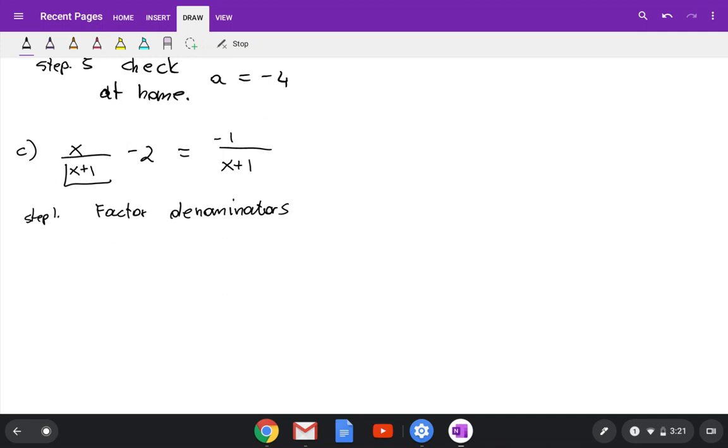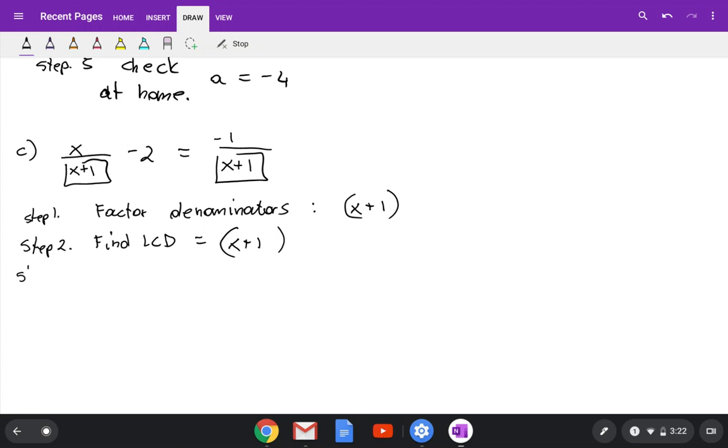So our denominators are the same, which is x plus 1. So we only have x plus 1. So x plus 1 is just x plus 1, or you can think about 1 times (x plus 1). Okay. Step 2, find the LCD. So the LCD of x plus 1 is just x plus 1.